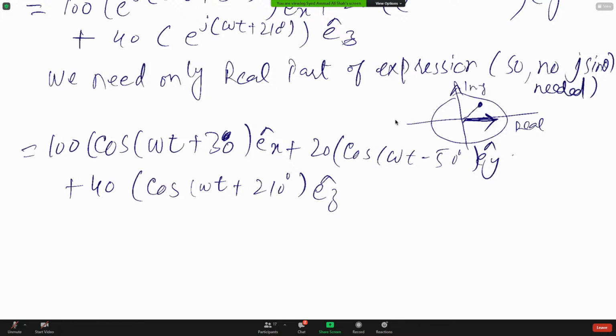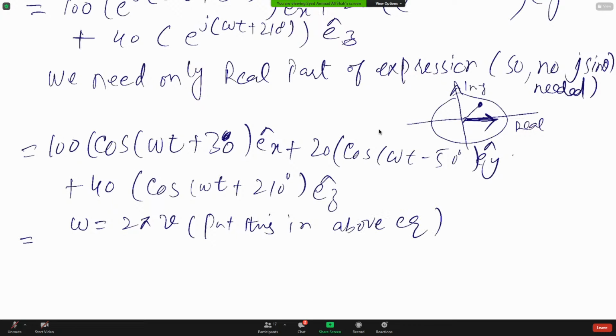If you look at the problem again, read the last line. Express this as a measurable electric field at 100 megahertz. So this omega is equal to 2 pi nu, and put this in the equation above.